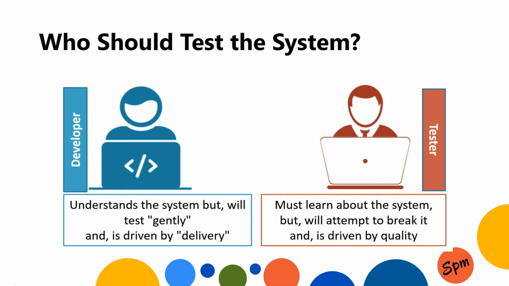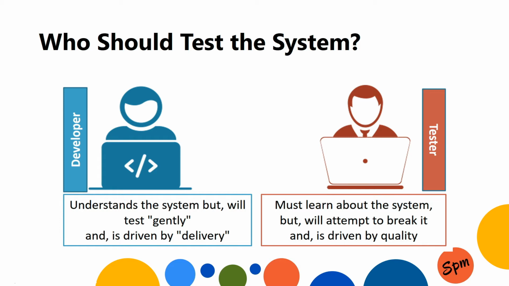Also, the developer may have delivery deadlines to deliver the software or code, so he wants to deliver as fast as he can. So he generally tests the software gently and won't uncover as many errors.